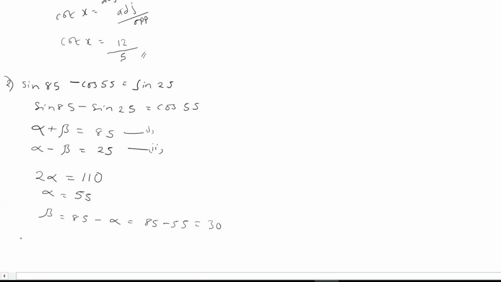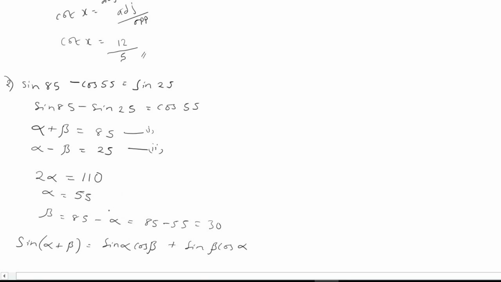Remember that we have an expression for the sine of a sum of angles. So sine alpha plus beta is gonna be sine alpha cos beta plus sine beta cos alpha.